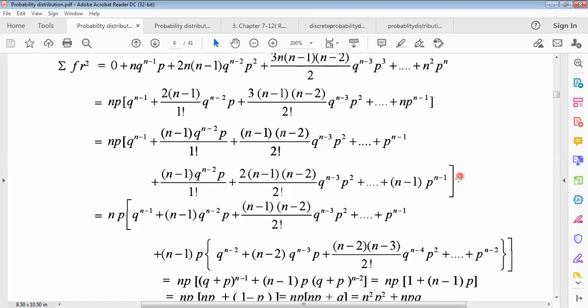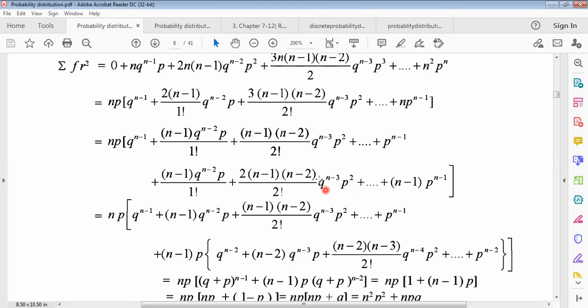Now from this second part of the series, taking n minus 1 into p common. Okay, n minus 1 and p will be common. So we get only q to the power n minus 2, and 2 will be cancelled. So n minus 2 into q to the power n minus 3.